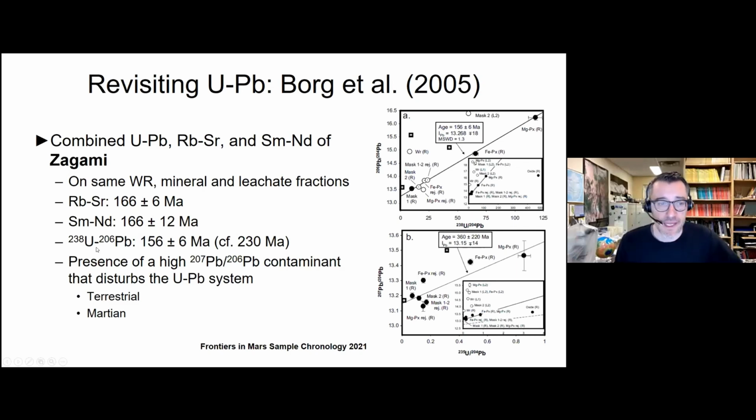So they discussed the presence of a radiogenic contaminant that disturbs the uranium lead system. They considered how it could be terrestrial, of course, from curation and handling or saw cutting, processing, that sort of thing. But they also said perhaps it's Martian. Perhaps there's a Martian contaminant that has made its way into these rocks that is disturbing the uranium lead system.